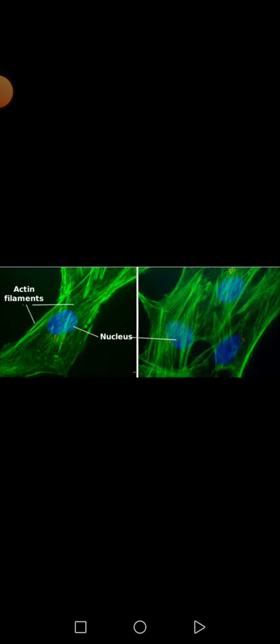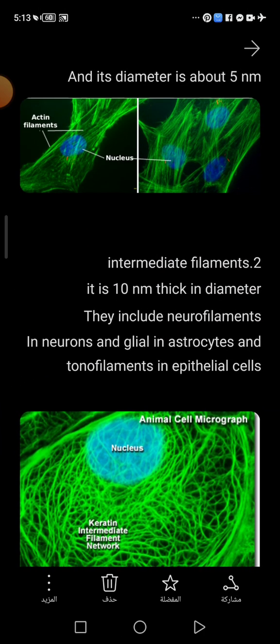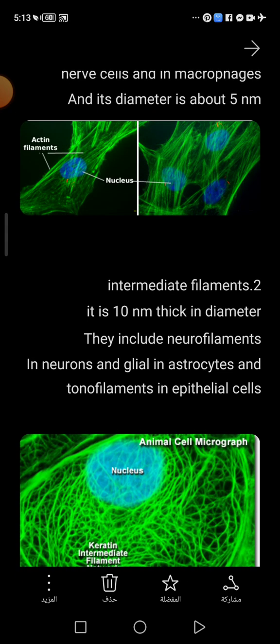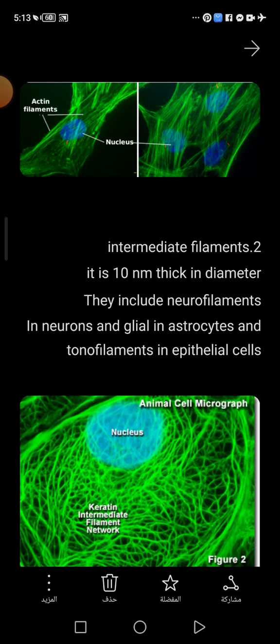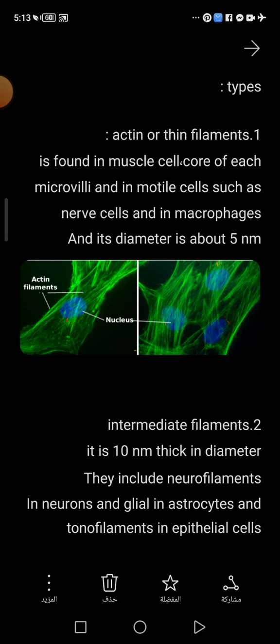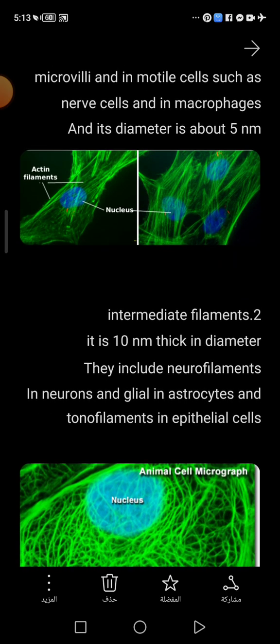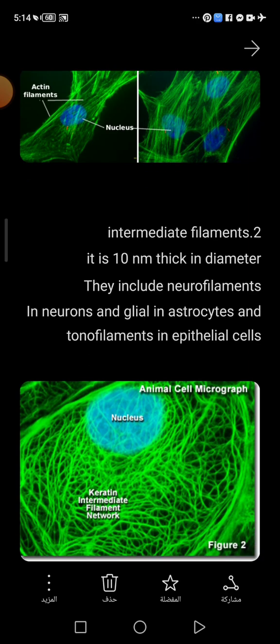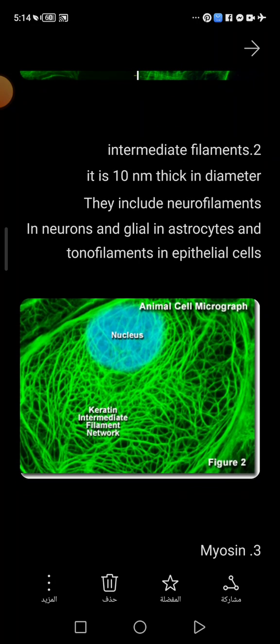Intermediate filaments are 10 nanometers thick in diameter, so add 5 to each filament. They include neurofilaments in the neurons, glial filaments in the astrocytes, and tonofilaments in epithelial cells.